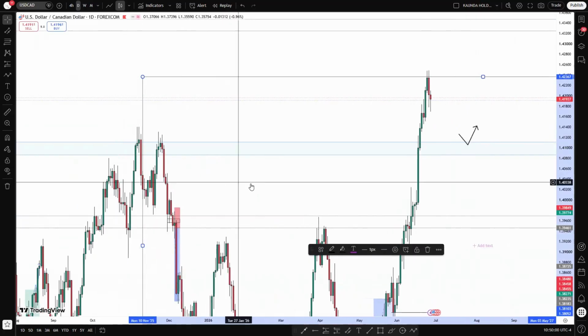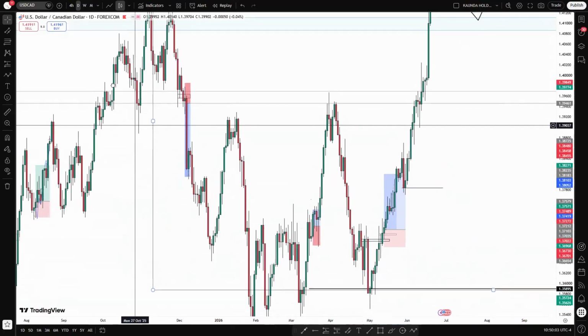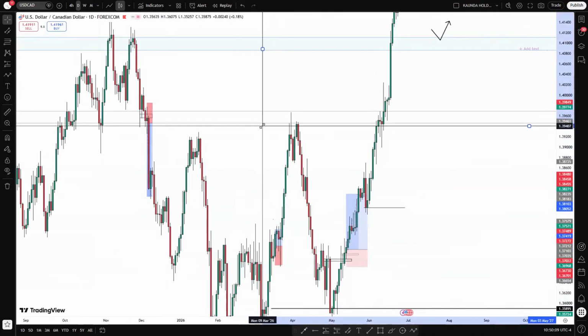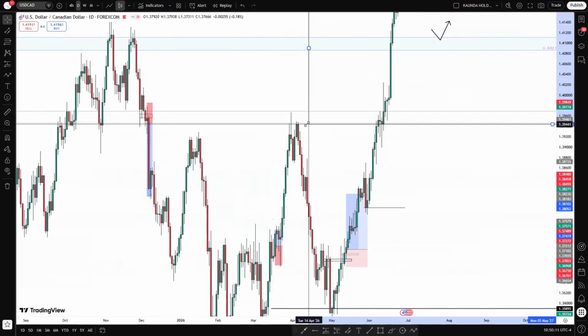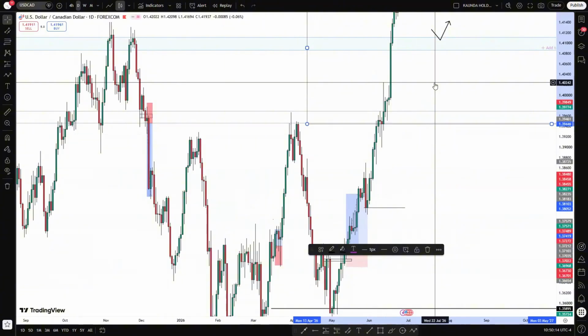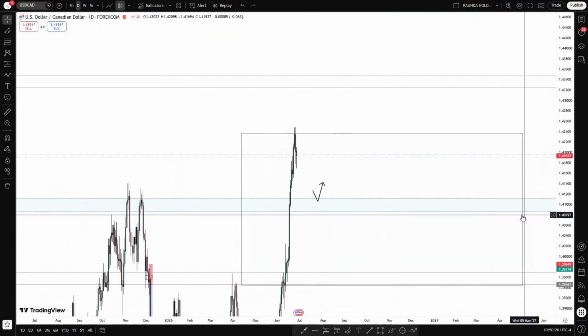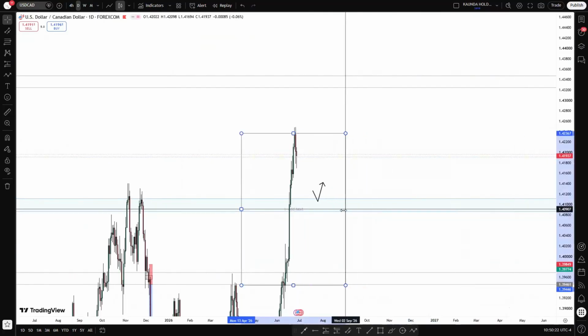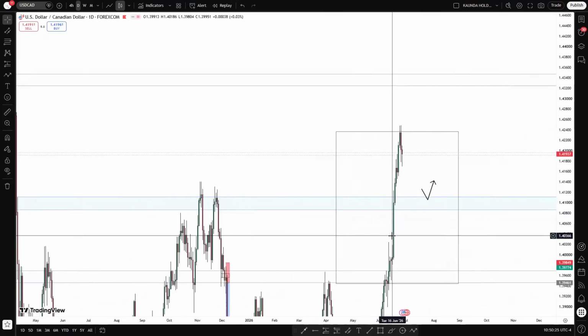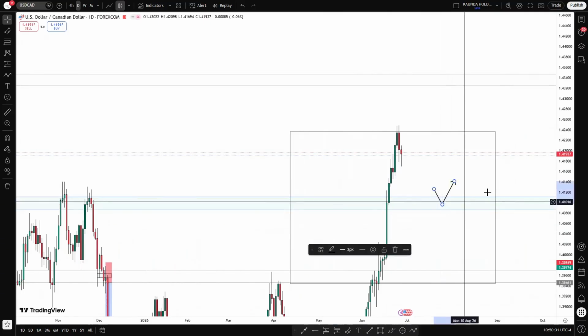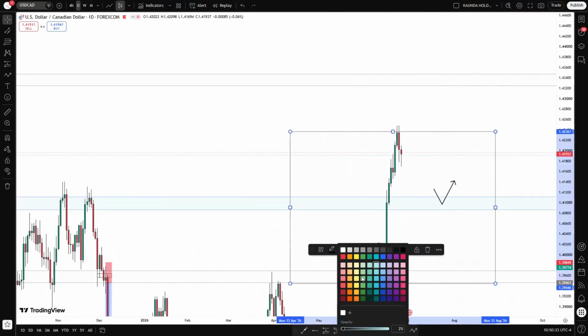So now this reduces, as we all know. This is the higher low, right? This is the higher high. So this means that we can only buy within this box.